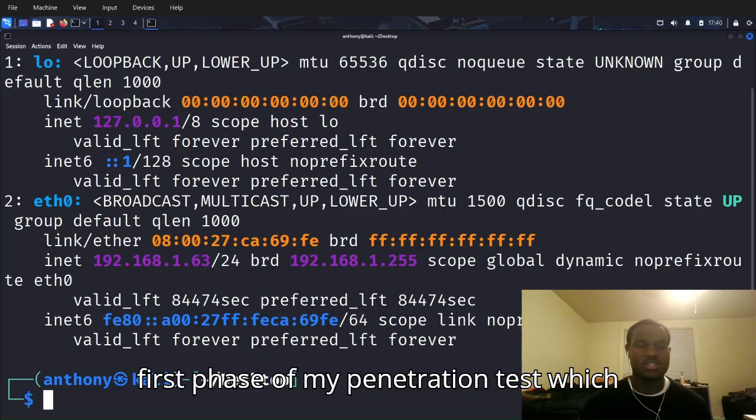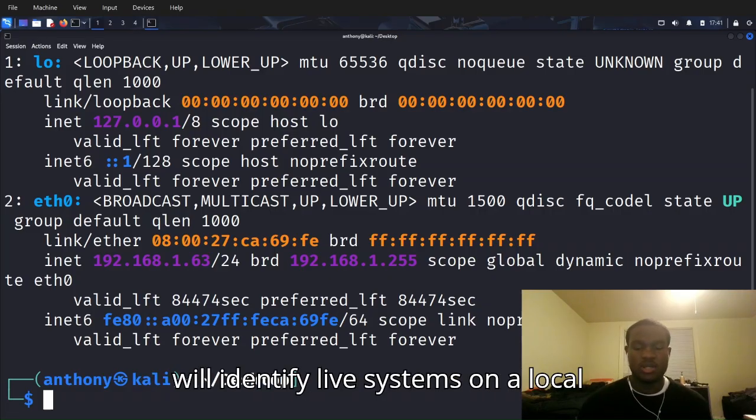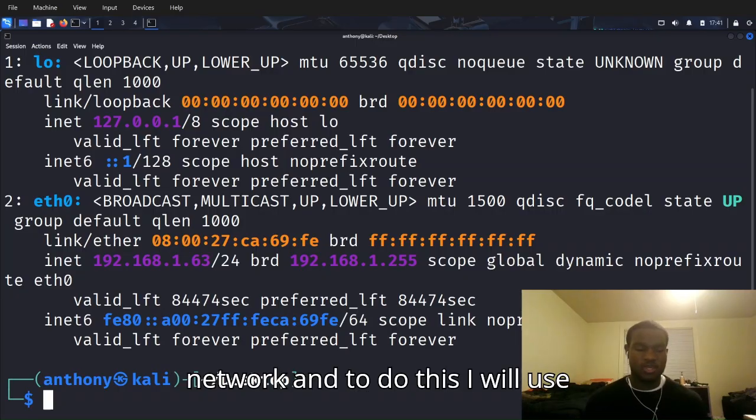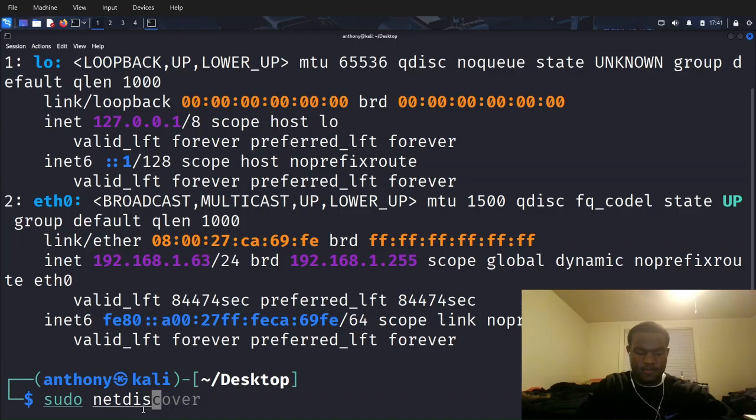Now that I have identified the IP address of my Kali Linux machine, I can begin the first phase of my penetration test, which is host discovery. During this step, I will identify live systems on a local network, and to do this, I will use the following command: sudo netdiscover.